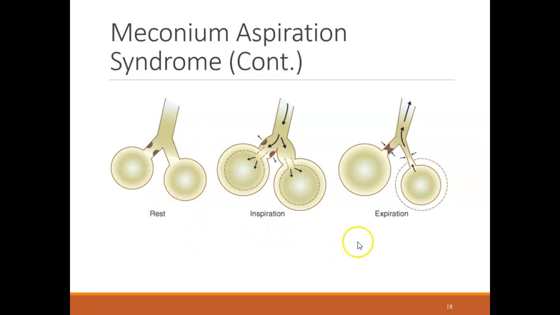If you look at the diagram in your book about meconium aspiration, at rest the meconium isn't causing an obstruction. During inspiration, the airways get pulled open so air can get in. But during exhalation, those passageways get narrowed. Airway resistance increases during exhalation, and that causes gas trapping.